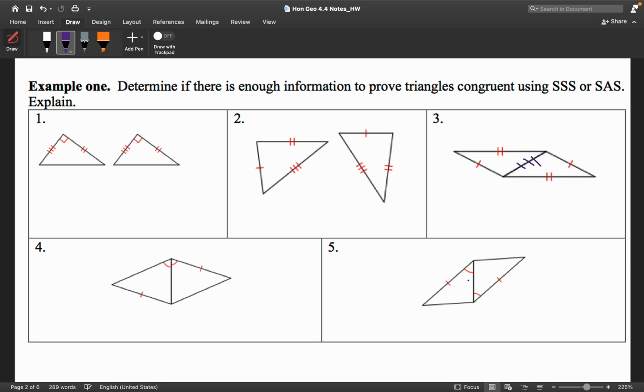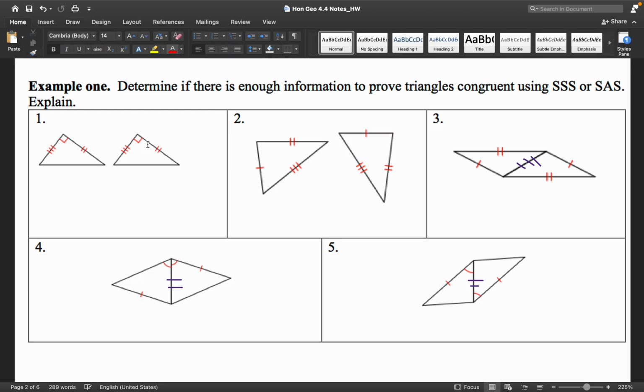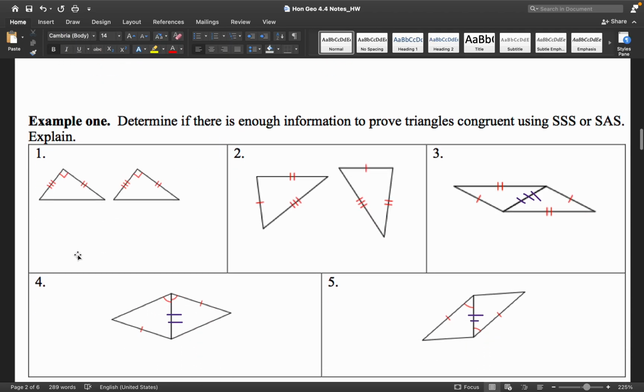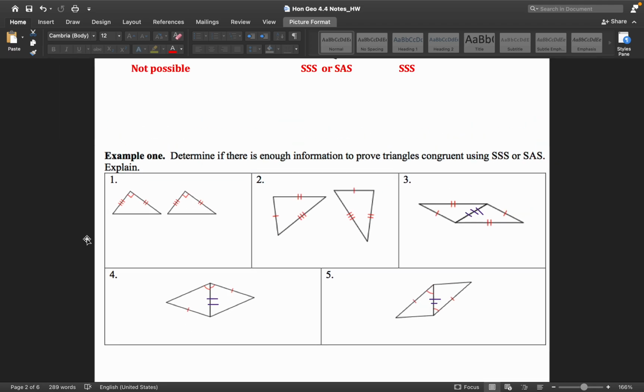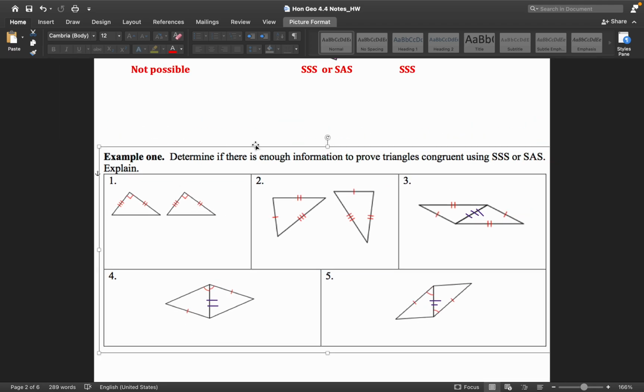If I look at number 5, I can mark in shared sides. If I look at number 4, I can mark in shared sides. And if I wanted to, I could mark in any vertical angles, but there are no vertical angles here. So I'm going to ask you to please take a moment and try to identify if there's enough information to prove side, side, side, or side angle side in any of these. So please try it, pause the video, and then when you're done, unpause the video and check your work.